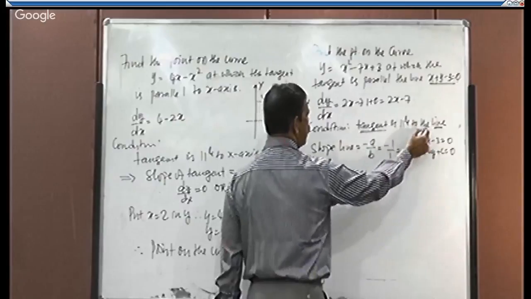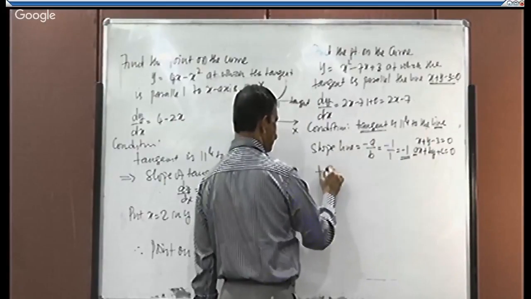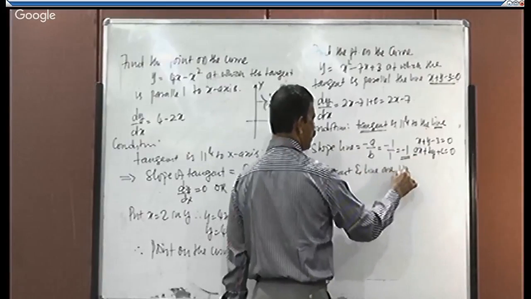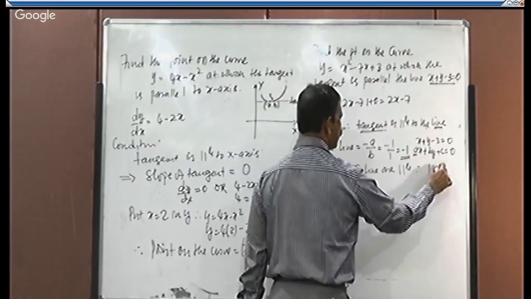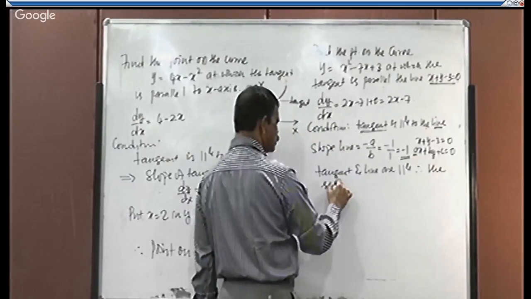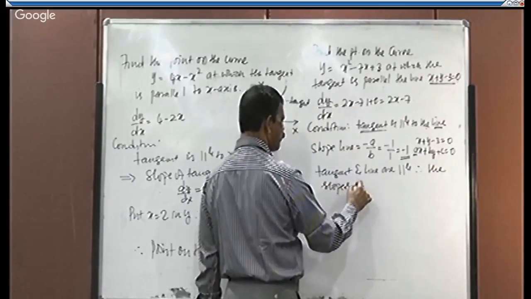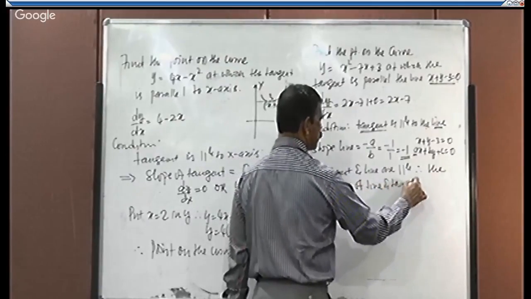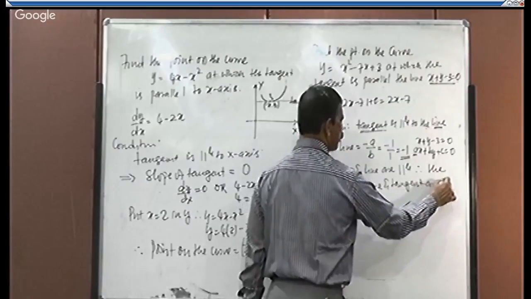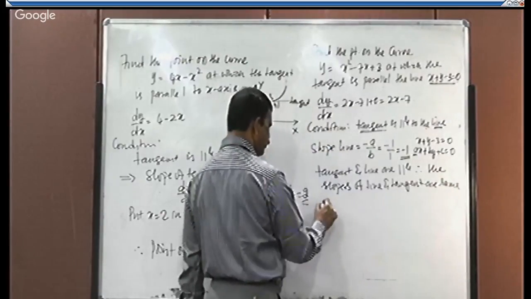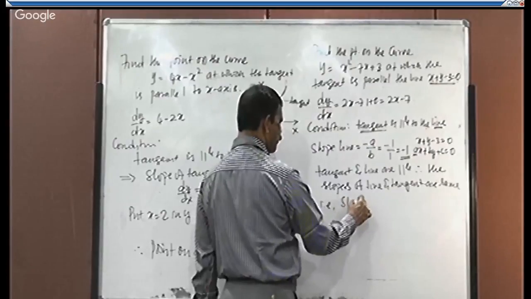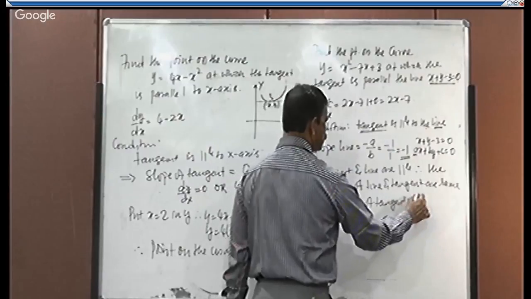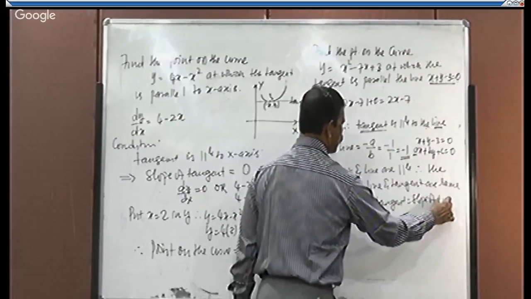Tangent and line are parallel. Therefore, the slopes of line and tangent are the same. That is, slope of tangent is equal to slope of line.